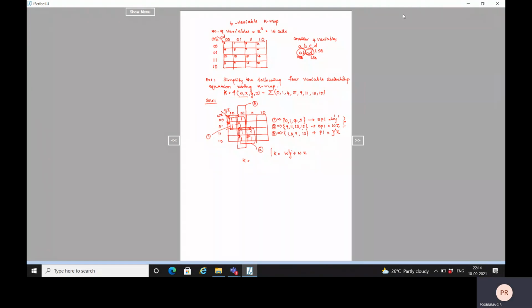So this is how, using a 4-variable K-map, we can reduce any 4-variable switching equation by identifying the essential prime implicants as well as the prime implicants. Thank you.